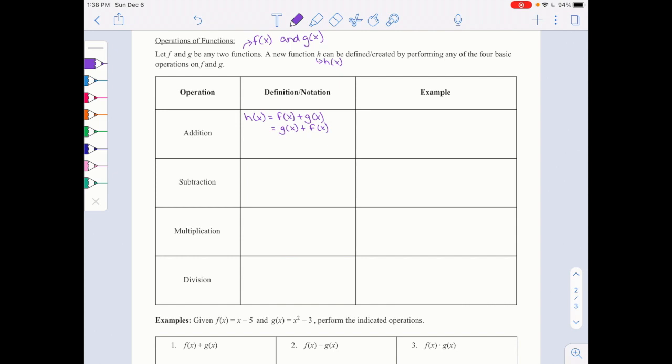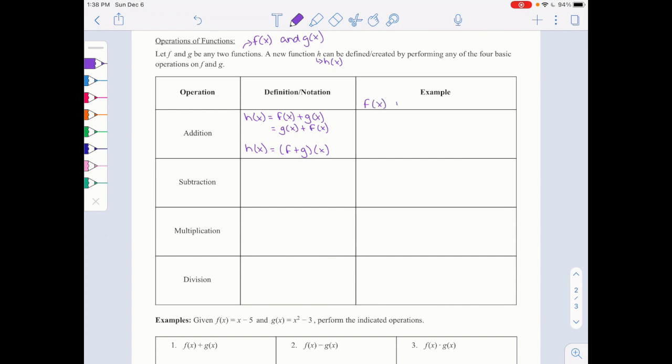You might also see the notation where they note f plus g in parentheses and then put the of x. It's the same thing, it just means add the two functions together.